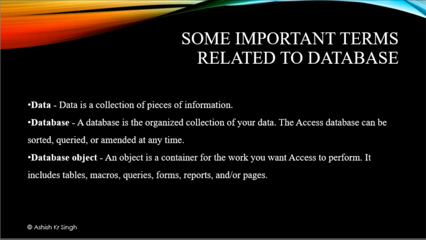Next are database objects. In normal words, these are the features that give you access and control on the database, which include tables, macros, queries, forms, reports, pages and so on.